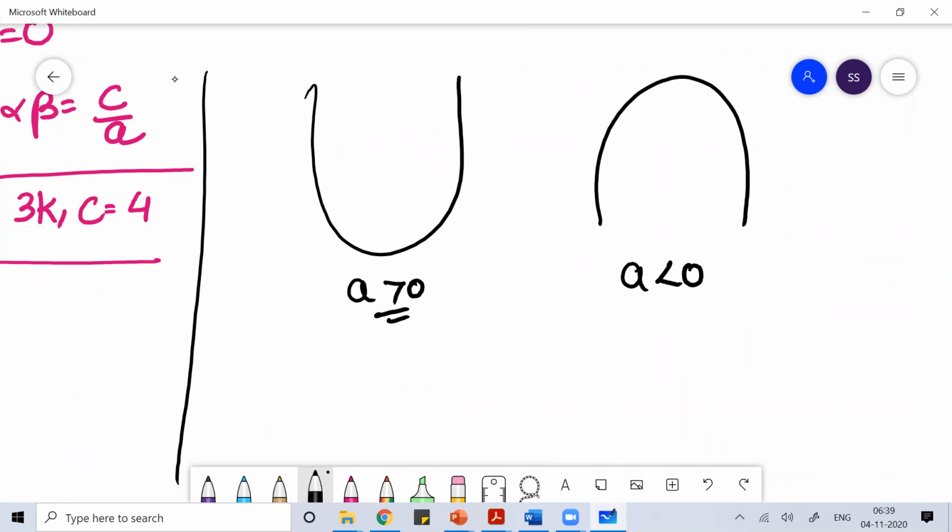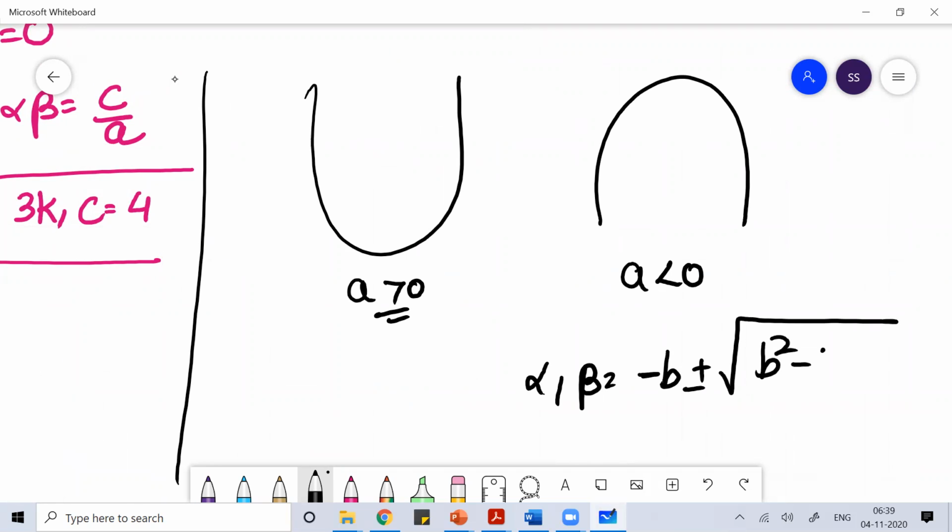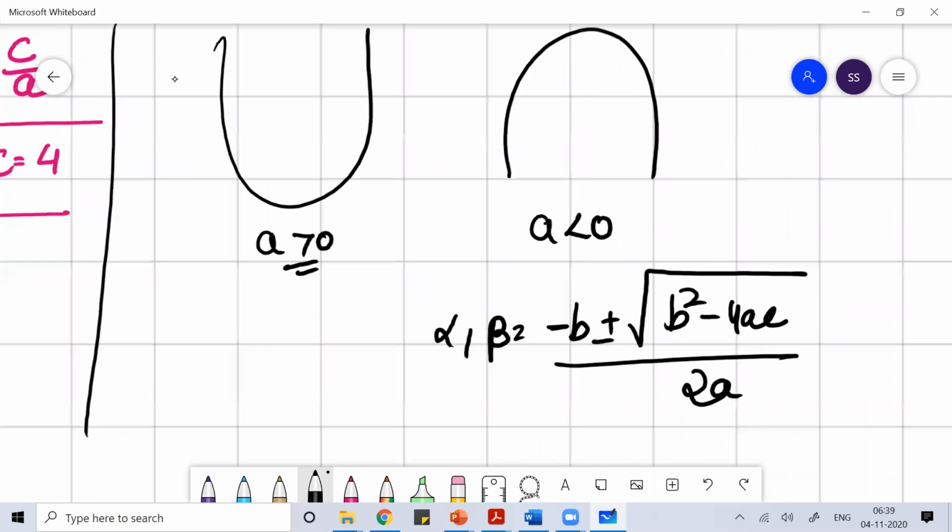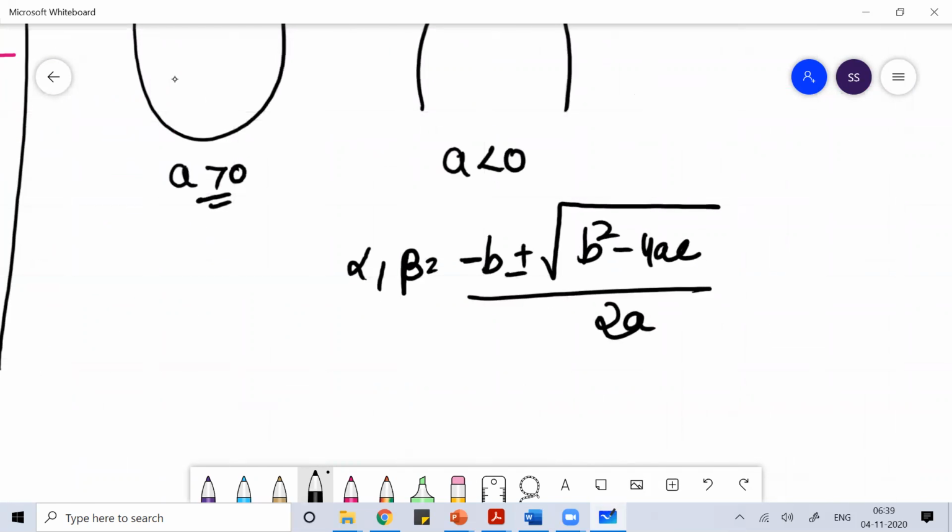The roots depend upon the discriminant. The formula we use for the roots alpha and beta is minus b plus minus root of b square minus 4ac, all by 2a. We represent b square minus 4ac with a term called D.